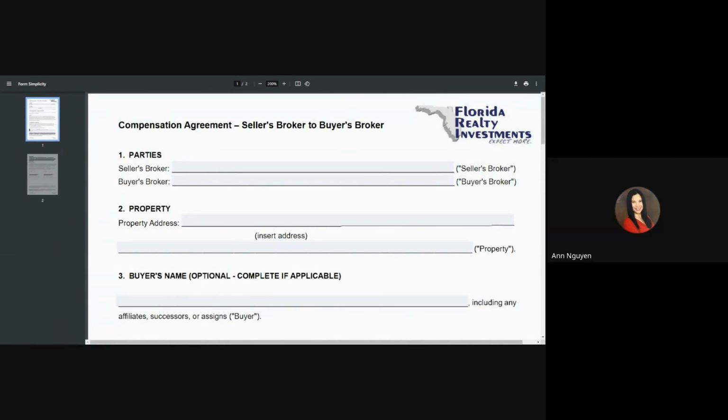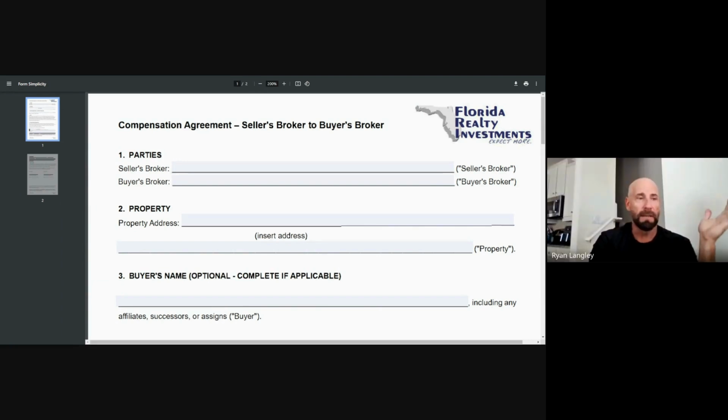Any other questions? Yeah, it's a good question. And yes, people are doing that. It is legal to do that. It's always been legal to do it, but it's ethical to do it now. Now that everyone has a signed form from the buyer, the problem with doing it before is that the agreement is between the seller and the buyer. The brokerage is not a party to that agreement. So theoretically, they could negotiate you out of it. The realtor does not have to be a part of all of their negotiations.